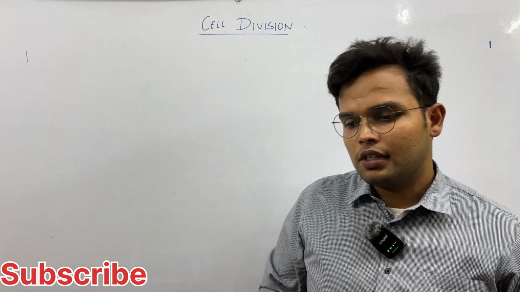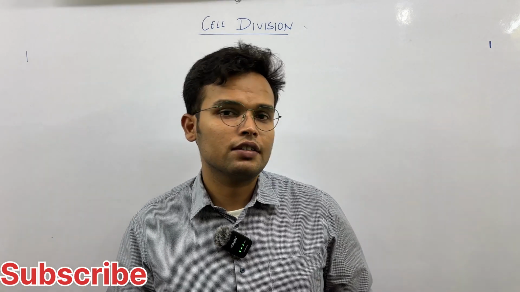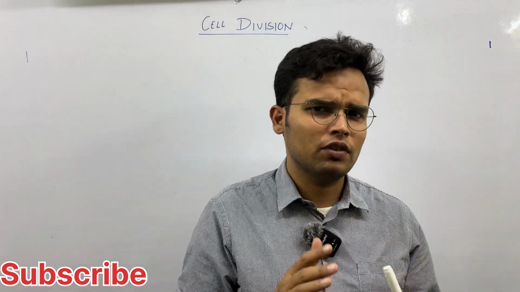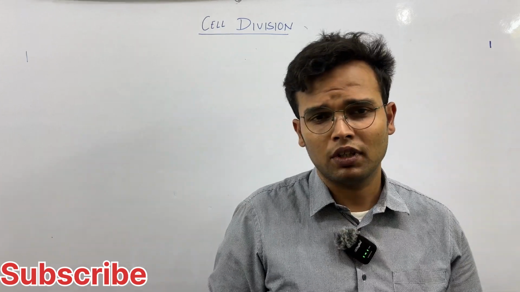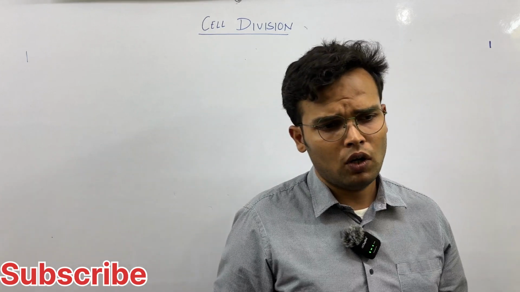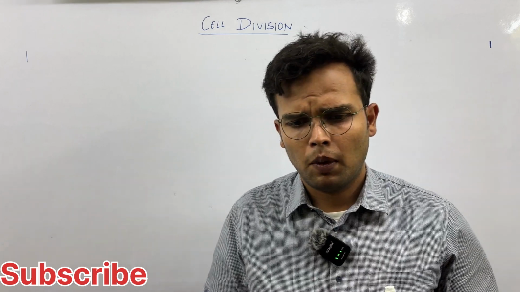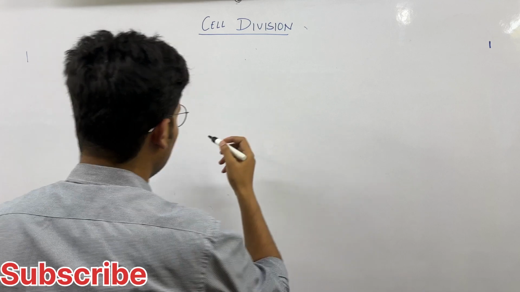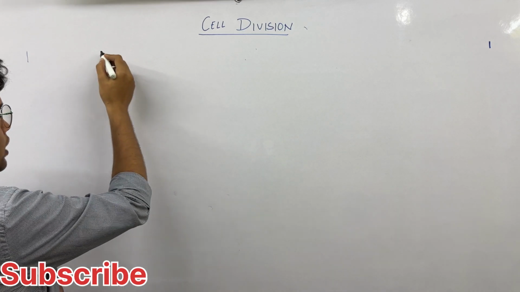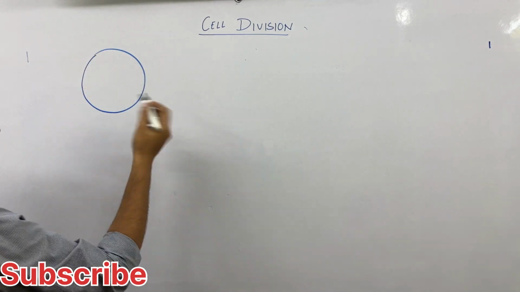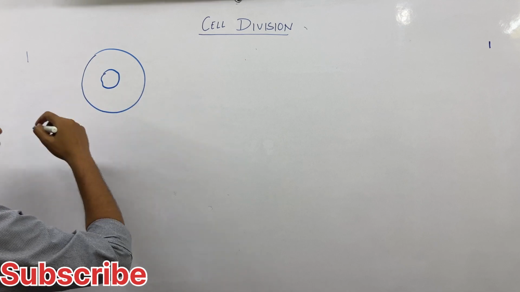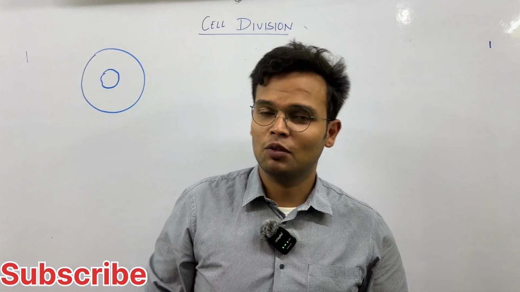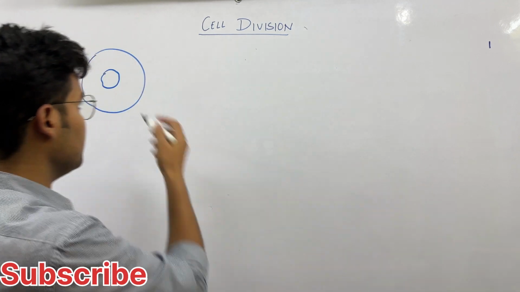Now we have discussed why cell division occurs. This is the basic example which I have just told you, and I hope the picture is very clear to you. Now I am going to tell you more scientifically. We know that if there is a cell, there must be the presence of a nucleus, and there is cytoplasm.